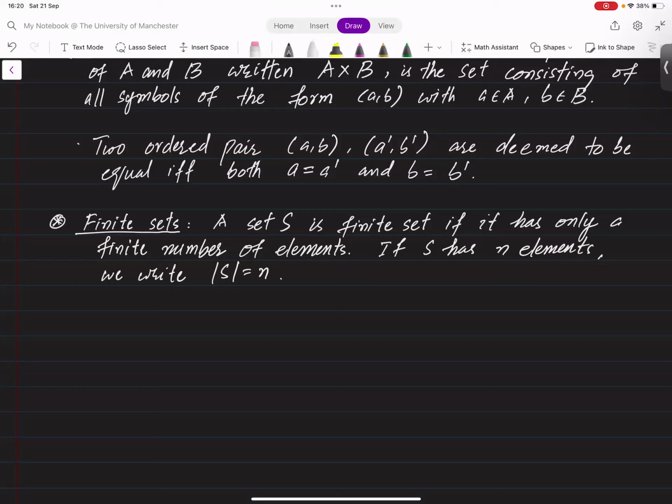Now let's give another proposition about the orders of sets. Proposition 17.2.